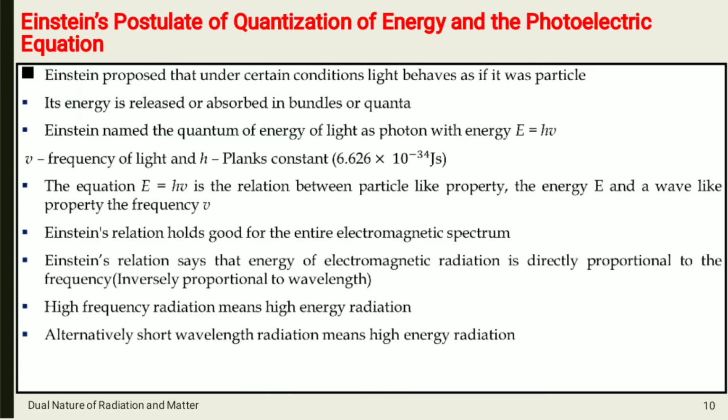Okay, then the next point is Einstein's postulate of quantization of energy and the photoelectric equation. What did Einstein propose? Einstein proposed that under certain conditions, light behaves as if it was a particle. Means sometimes light behaves as a wave and sometimes it behaves as a particle.